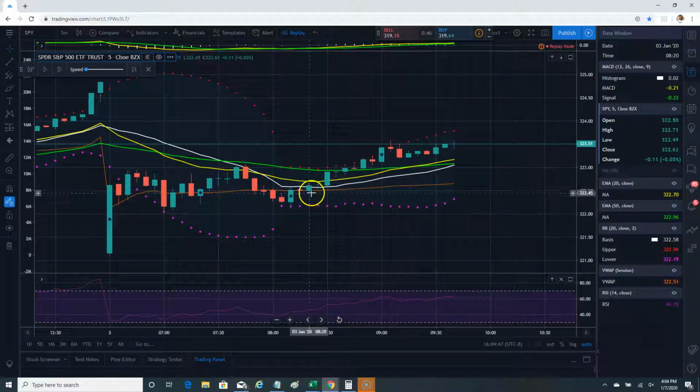You get in here at about 8:20 or 11:20, and then you sell it here. That's 1 point from 322.51 to 323.59.